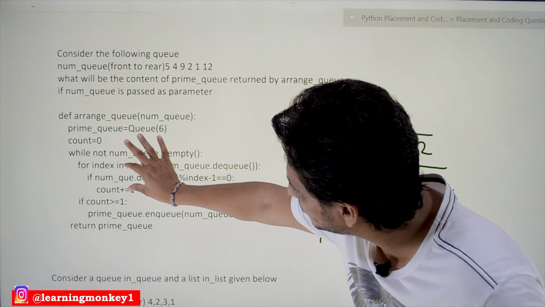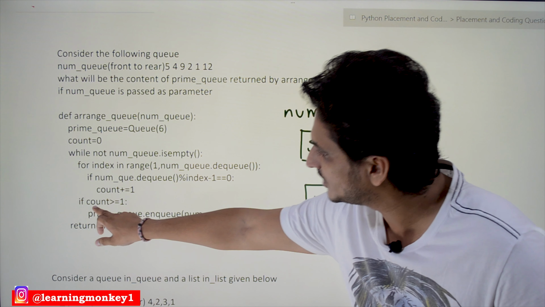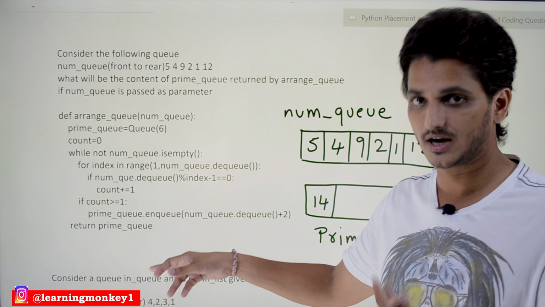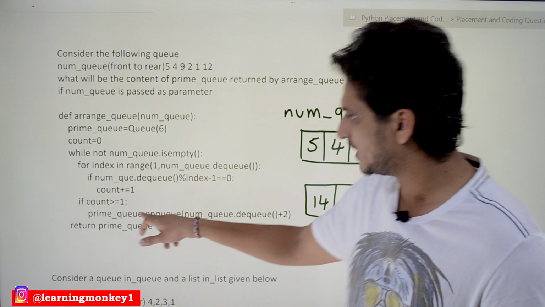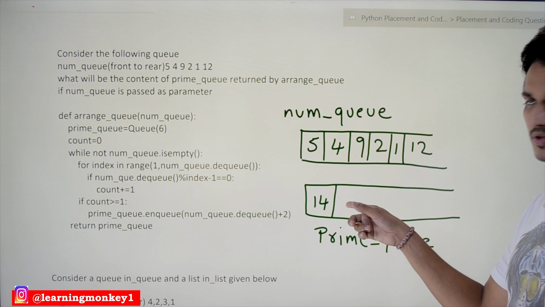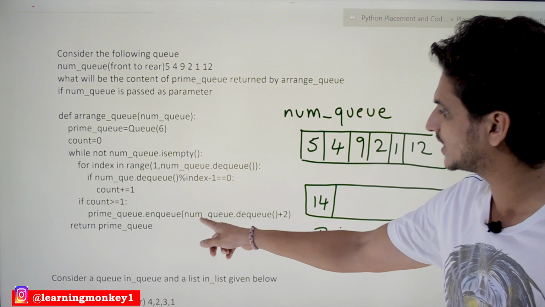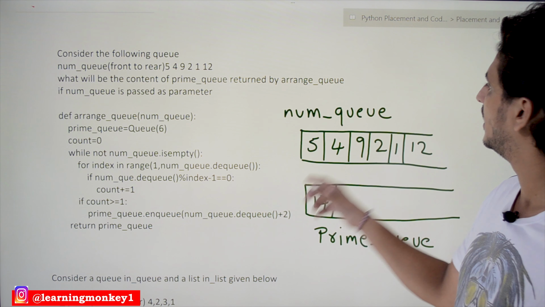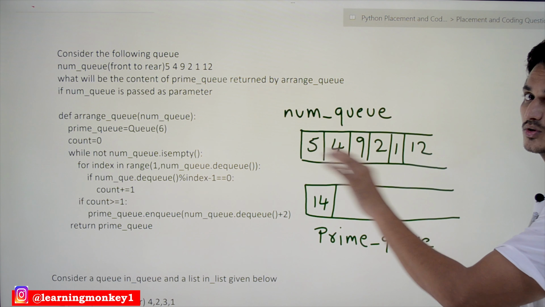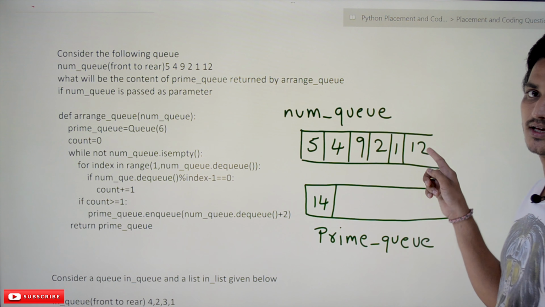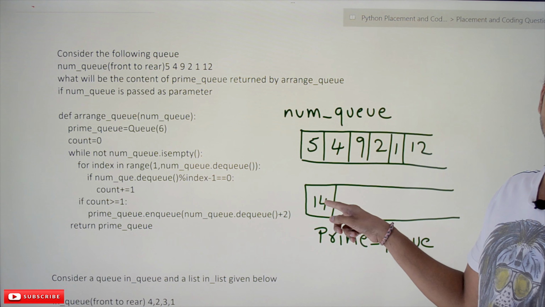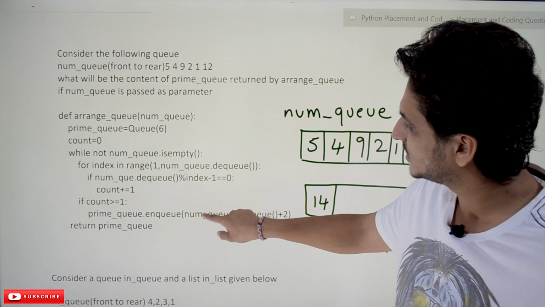After coming out of this for loop, it executes if count is greater than or equal to 1. Yes, it is. So prime q.nq() is going to enqueue an element into the prime queue. Numq.deque(): up to 1 we have already dequeued the elements, so the remaining element is 12. 12 plus 2, 14, is enqueued here.